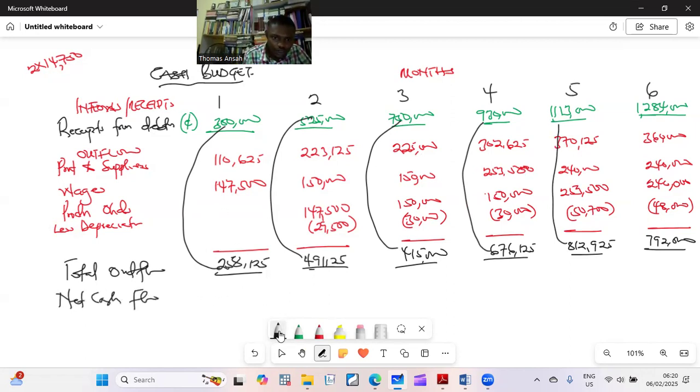So when we deduct, we are going to get figures like 41,875. Here will be 33,875. Here will be 255,000. We have 253,875.